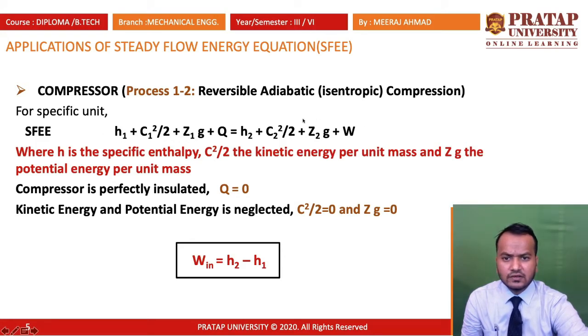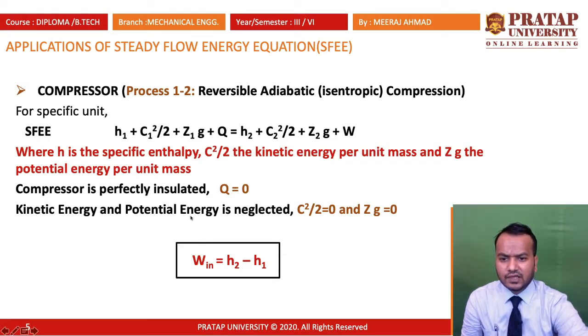This is the steady flow energy equation, H1 plus, this is the inlet condition, this is the outlet condition. So you know that the compressor should be perfectly insulated, or you can say that an adiabatic process takes place in the compressor. So heat energy should be equal to 0.